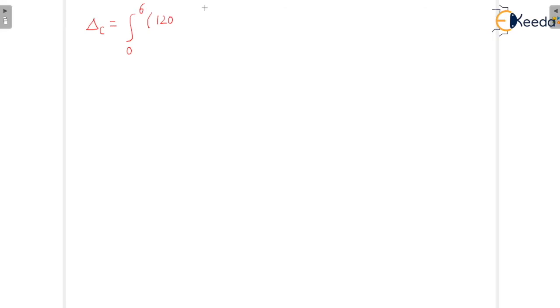That is 120 into x minus 22.5, because it was 45 by 2, so 22.5 x square, divided by E into 2 of I0, into minus 0.33x into dx.